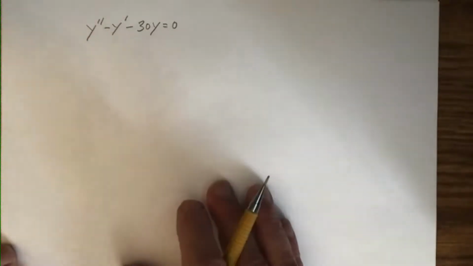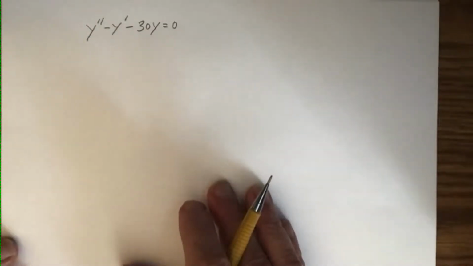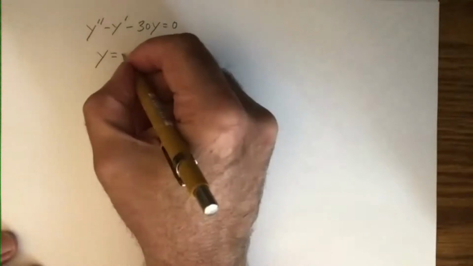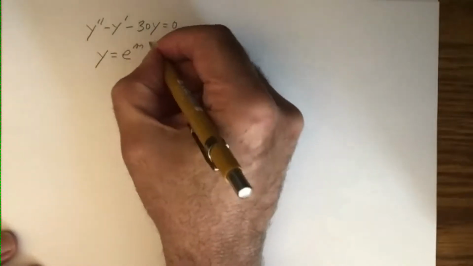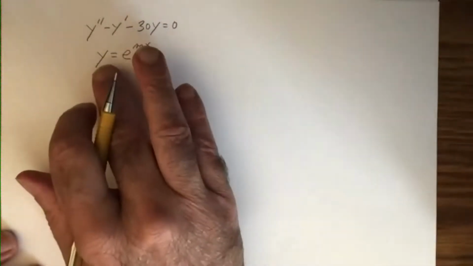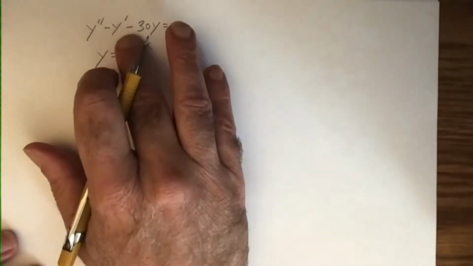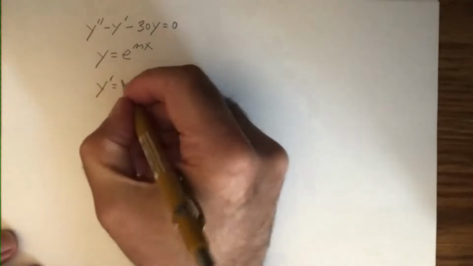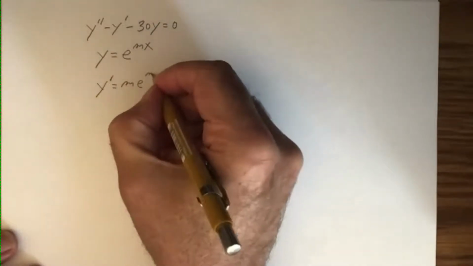Now, whenever you have a differential equation with constant coefficients, we assume a solution of the form y equals e to the m times x, right? If I take the derivative, y prime is m e to the mx.